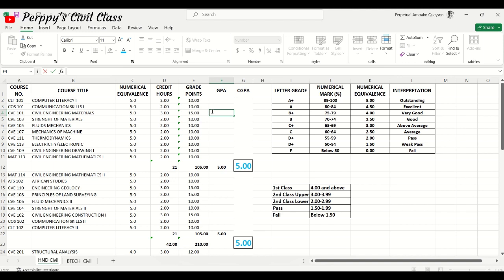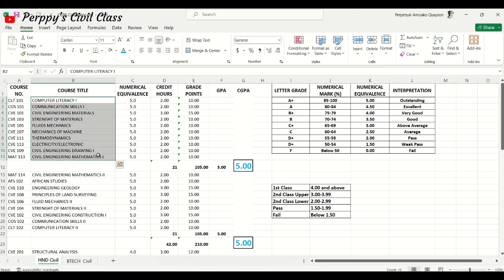So we have the number of credit hours, the course titles, and the numerical equivalent. But if you are in a different department, don't worry, it's the same. You just have to input your course title.